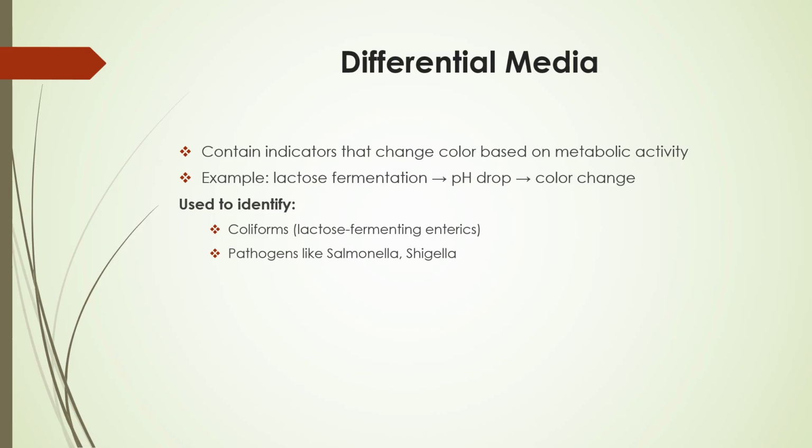For example, they aid in differentiating lactose-fermenting gram-negative enterics called coliforms from non-fermenters like Salmonella and Shigella, which are potentially harmful. Microbiologists can determine metabolic characteristics that potentially identify unknown bacteria by analyzing changes in the surrounding medium and colony color.